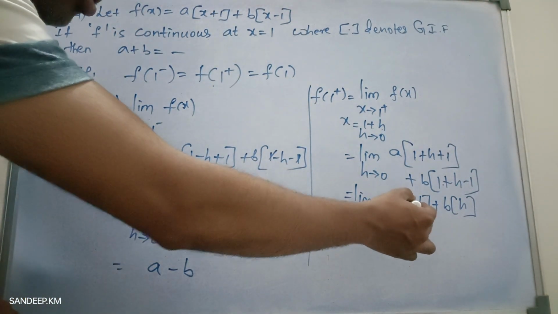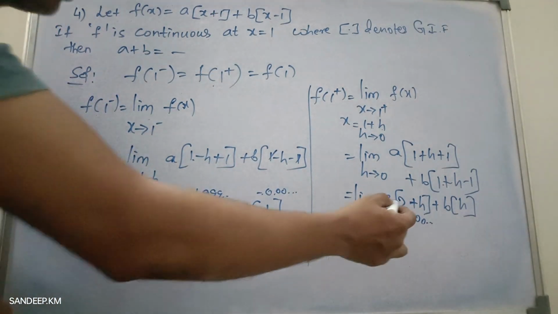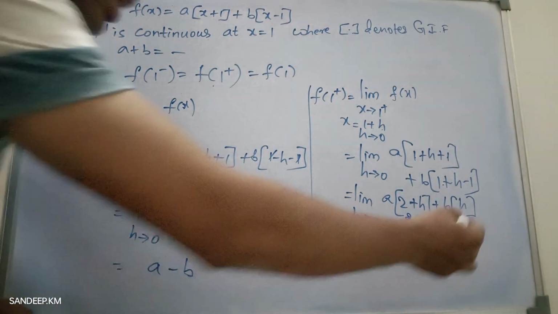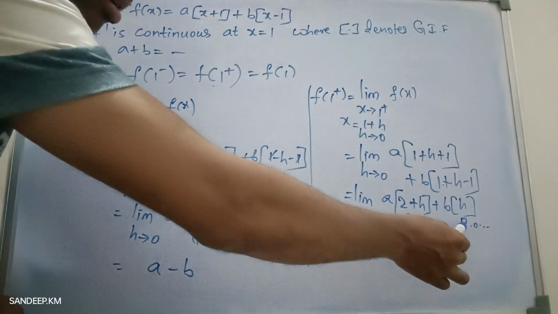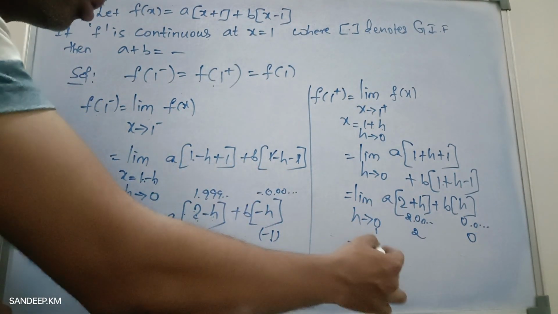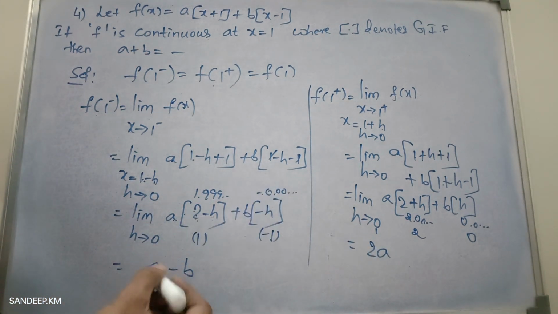What is it? 2 plus h means 2.000 and so on, and step of 2.000 and so on is 2. H is 0.0000 and so on, and step of 0 is 0. So what is it? You will get a into 2, which is 2a, plus b into 0, 0. No need to add 0.